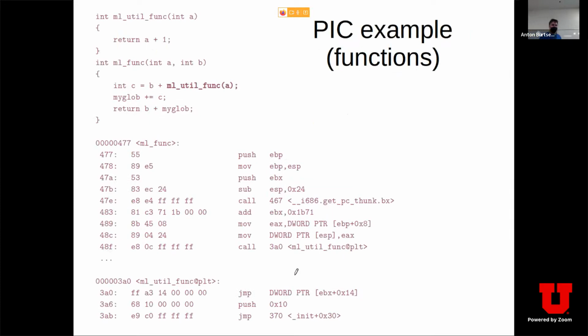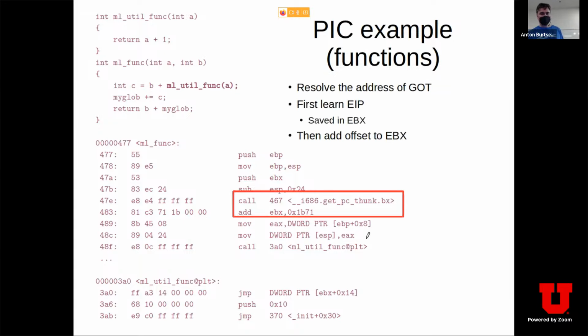Okay, and if I give you an example, so you have this ML util func here. You call it, use the same kind of thunk. This one uses EBX, right? So we know what we get out of it, right? It resolves the address of the global offset table.